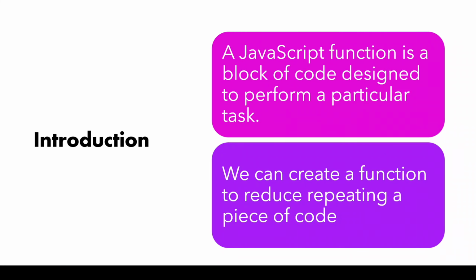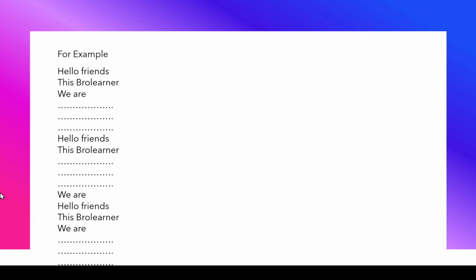We can create a function to reduce repeating a piece of code. For example, here we have a random text. You can say, hello friend, this is BroLearner. We are here to help you. If we want to print this again and again after some piece of code, then we can just copy this and paste here, then we have some code, then paste here, then we have some code.